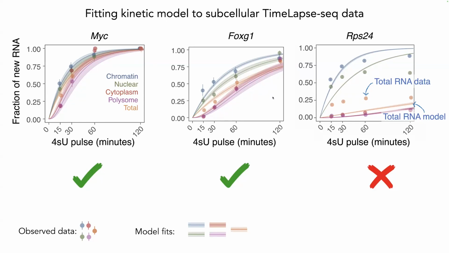And so we predict the total RNA data from the results of our models. And you can see that it worked quite well for MYC and FOXG1. We have a nice estimate of the total RNA, but it really failed for RPS24, where we're predicting that the total RNA is much below, and that it should turn over a lot slower than what we actually measure.